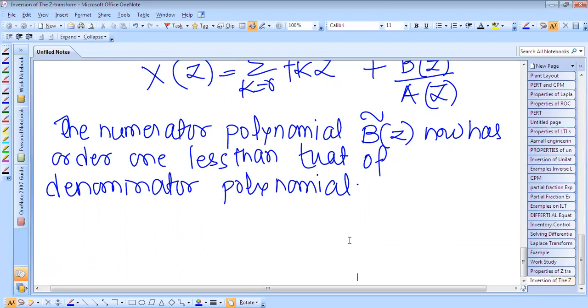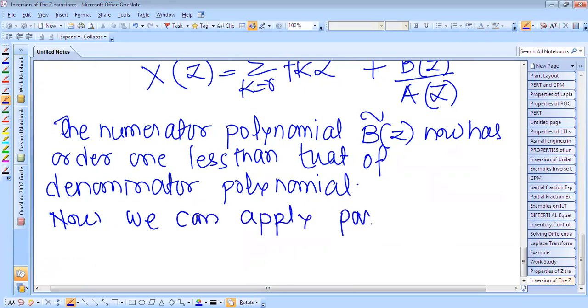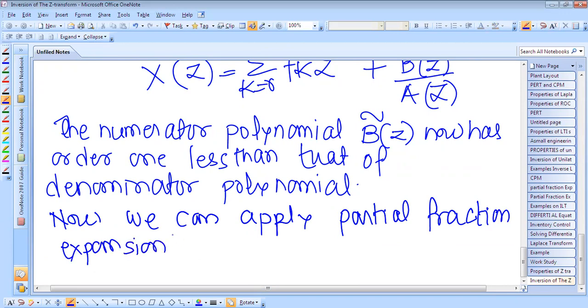And now the partial fraction expansion is applied to find the inversion of the Z transform.